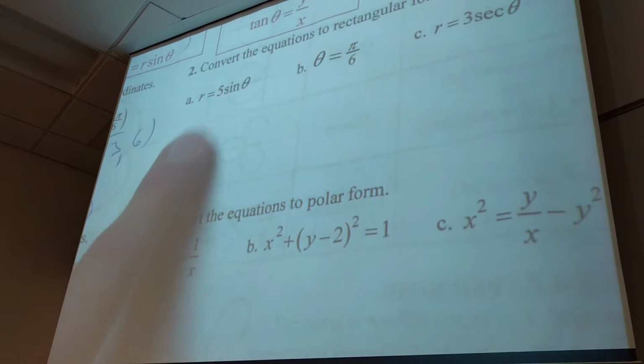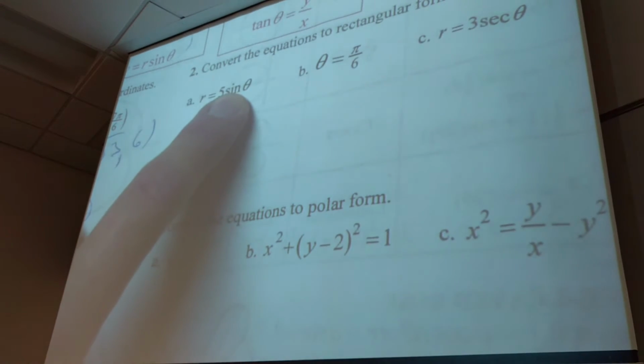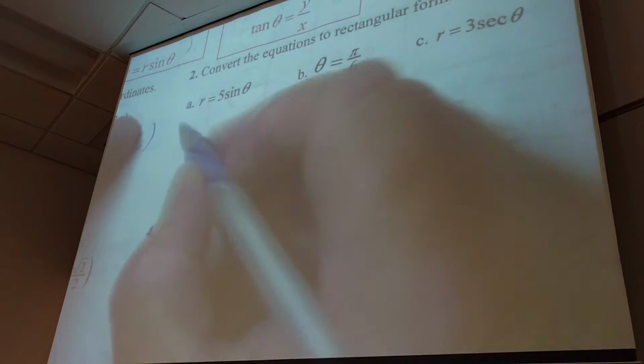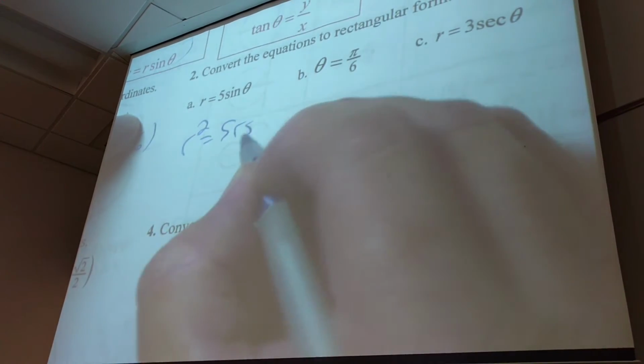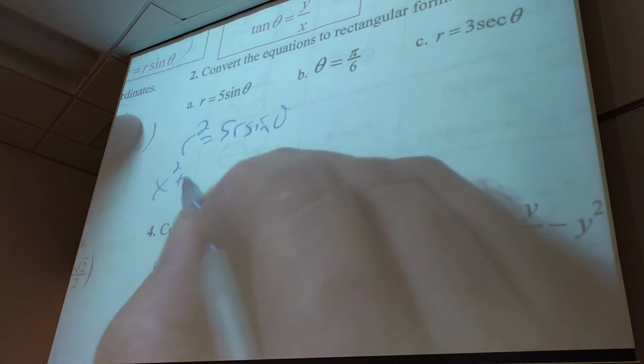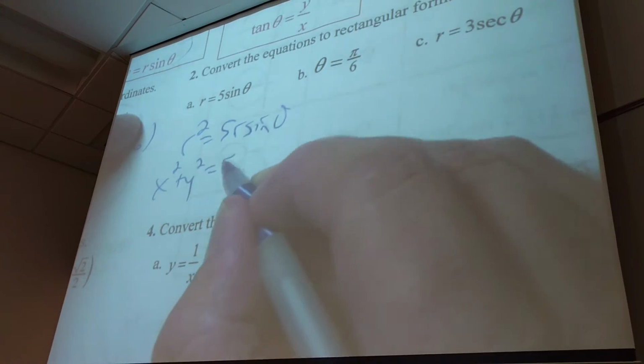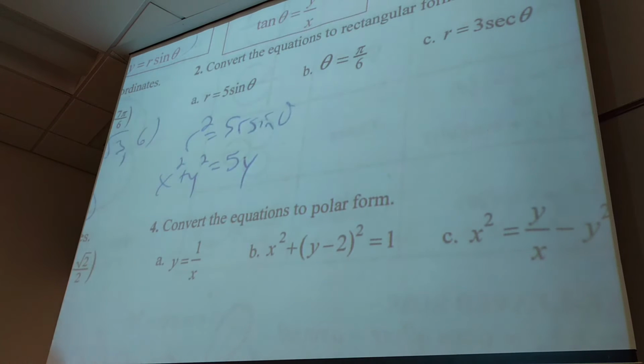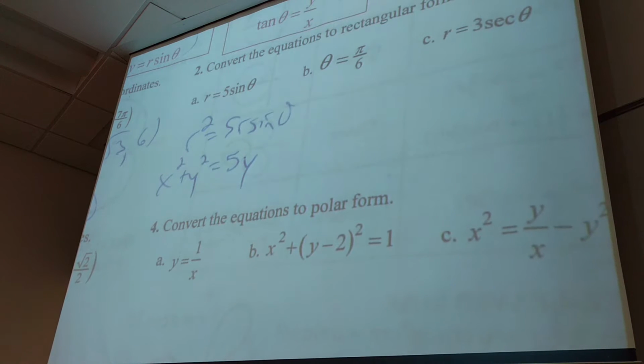So if only there was an r in front of it, I just give both sides of the equation another r. So I multiply by r, and then I get x squared plus y squared equals 5y. And if you wanted to, you could subtract that over and complete the square. It would, of course, become a circle with the center moved. Is that decent?